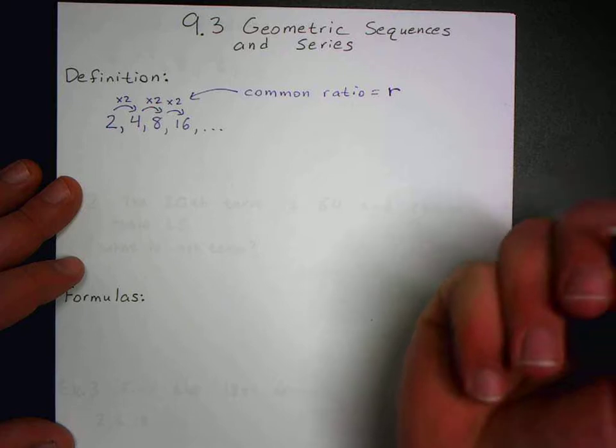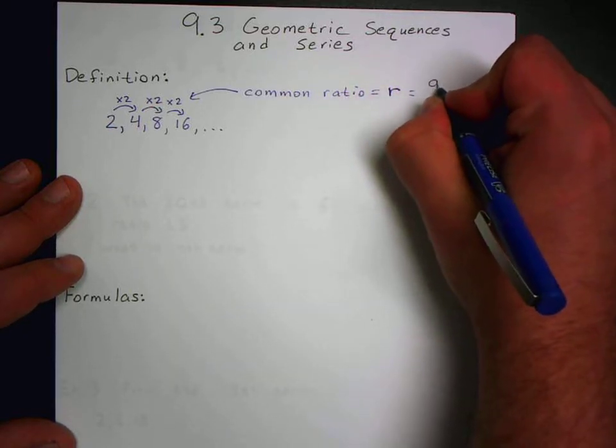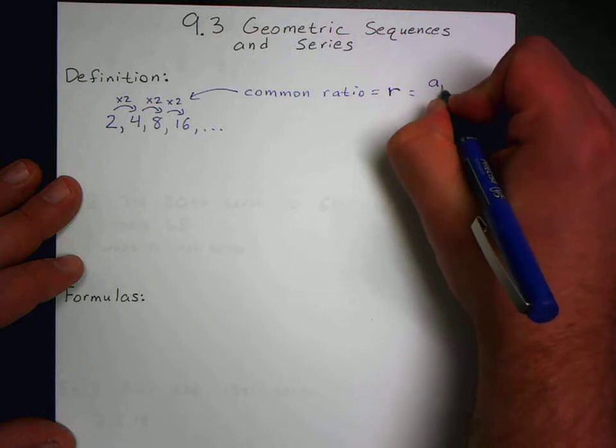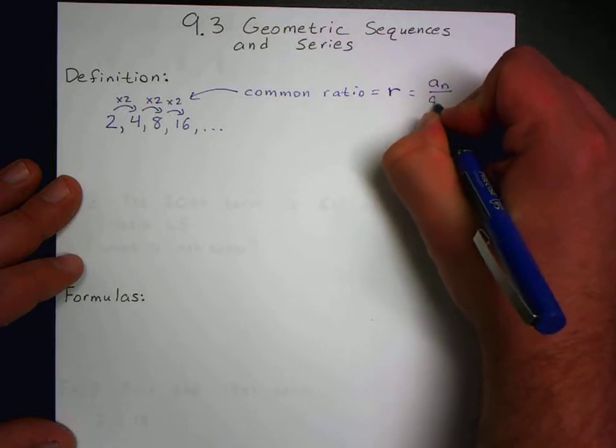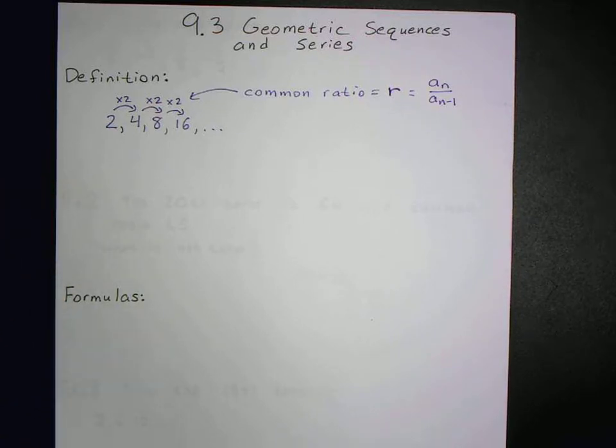You can always take 2 consecutive terms and divide them. So that's how you get R. So that's a geometric sequence.